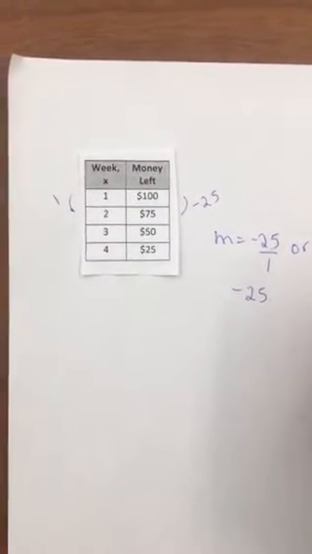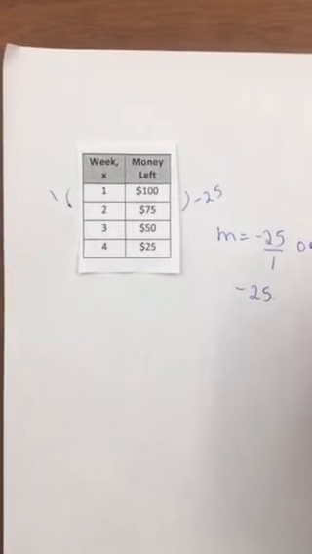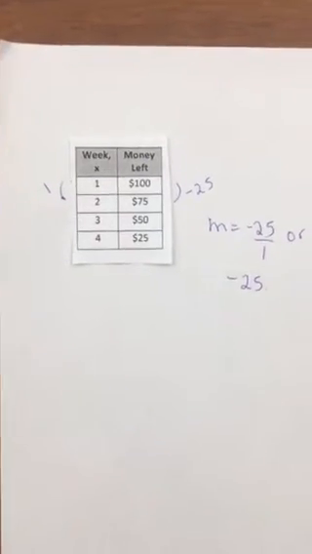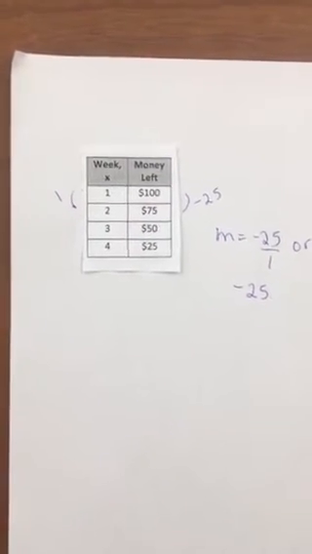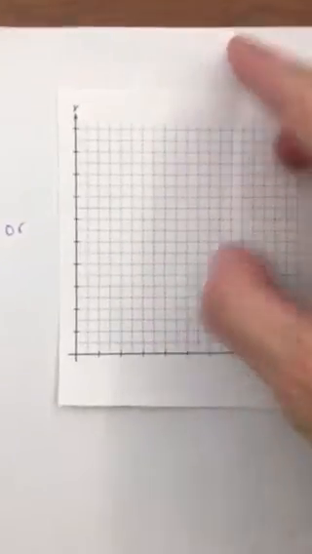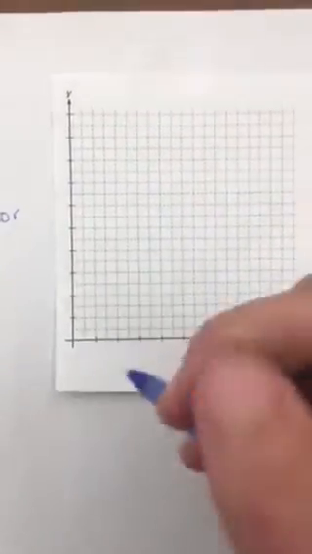The other thing I'm going to need to know is what is my initial value? I can do this a number of ways, but the strategy I'm going to use right now is a graph. So I'm going to model this data on a graph. I have 0.